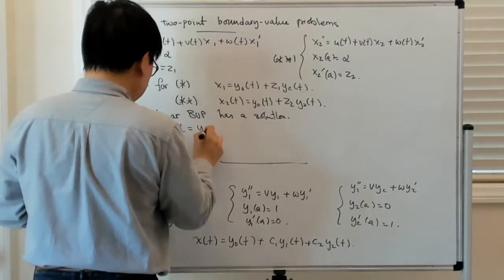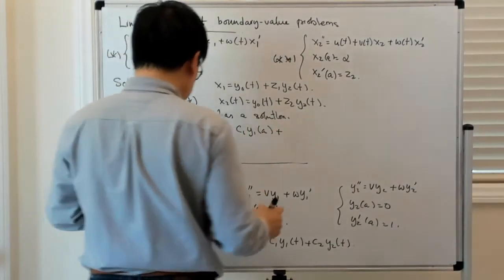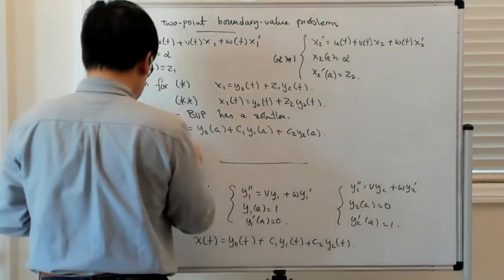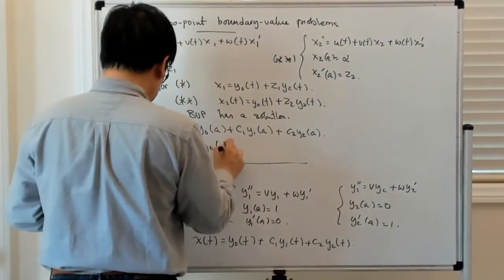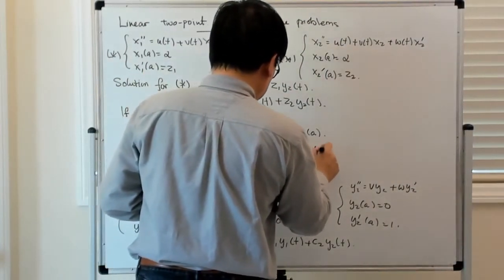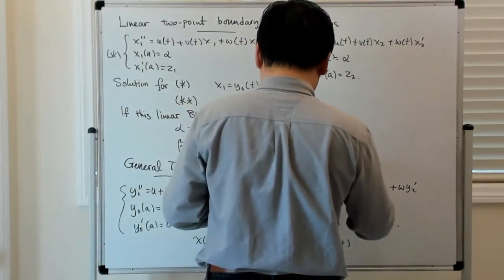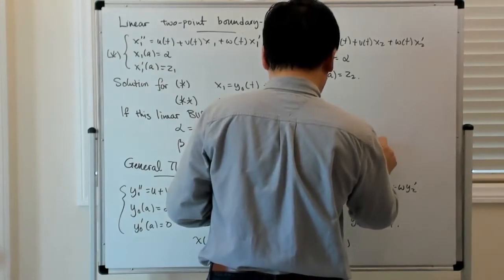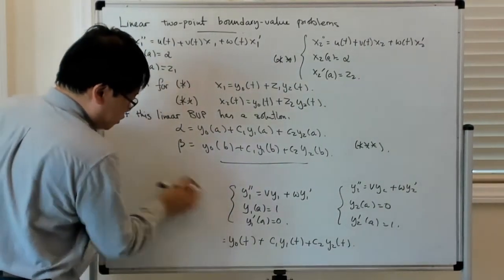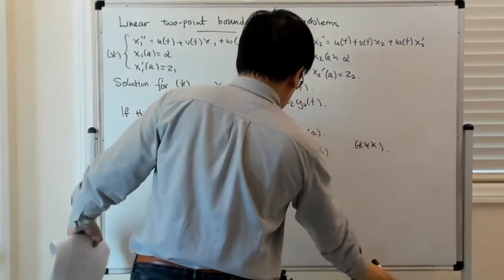So alpha is going to be y0 of a plus c1 y1 of a plus c2 y2 of a, and beta is going to be y0 of b plus c1 y1 of b plus c2 y2 of b. Okay. Let's put 3 stars here.